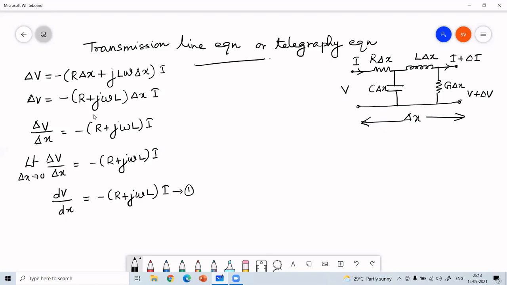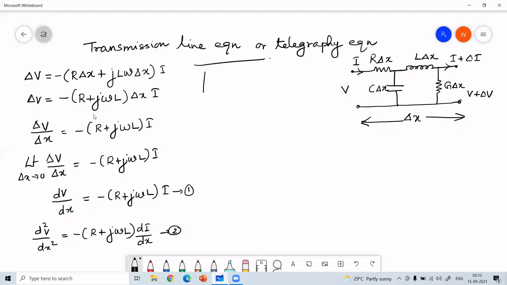If we differentiate this equation once again, we can write d squared V by dx squared is equal to minus of R plus J omega L into dI by dx, equation number 2.